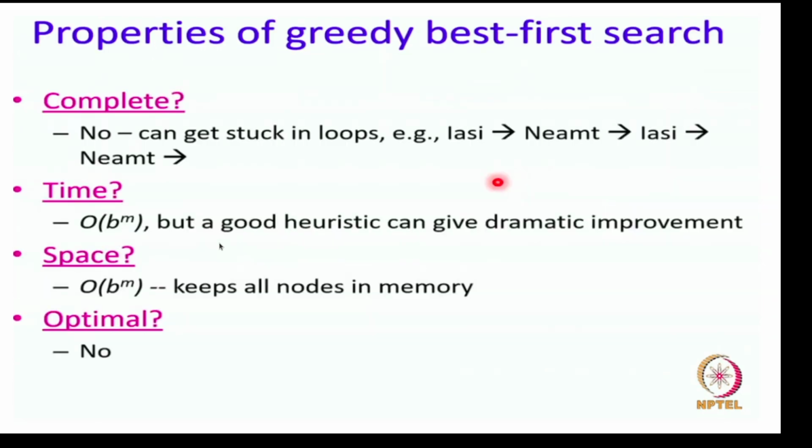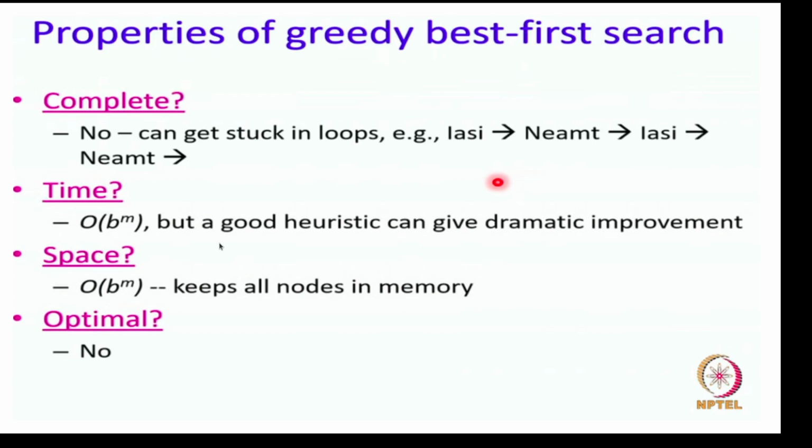Now let's understand some properties of greedy best first search. Is it complete? What does that mean? It means that if there is a solution and I run the algorithm, is it sure that every time it will terminate at a solution? This is the definition of complete.